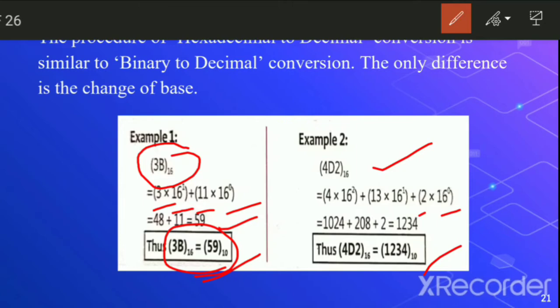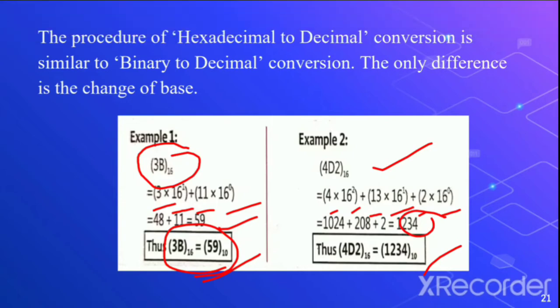Now see, D represents 13 into 16 raised to power 1, and 4 into 16 raised to power 2. Just multiply these values, we'll get 1024 plus 208 plus 2, and we'll have the final value as 1234. So this is the way we convert hexadecimal number system into decimal number system.